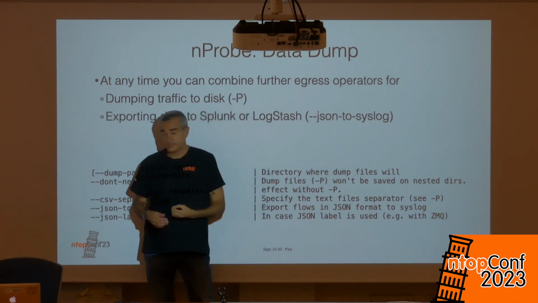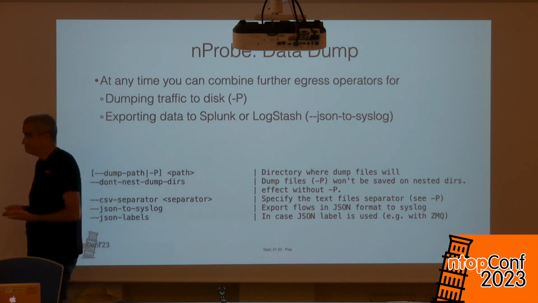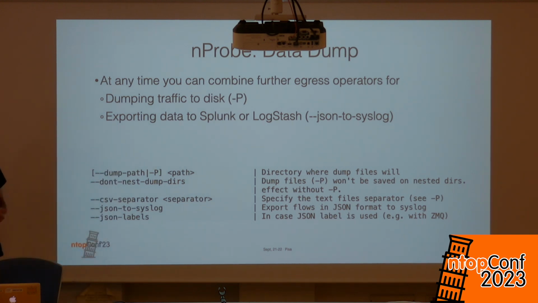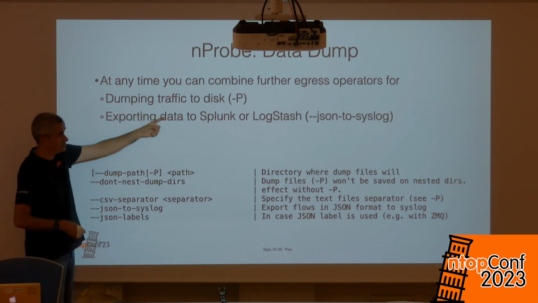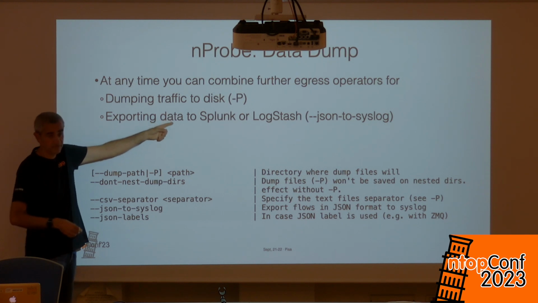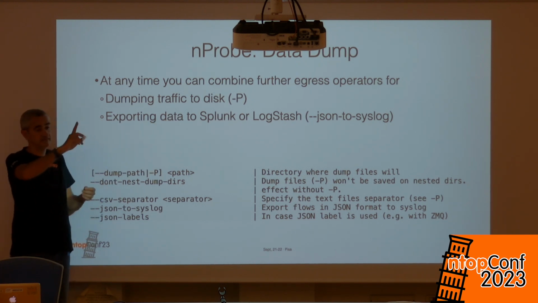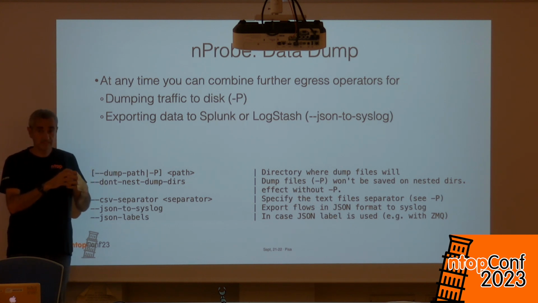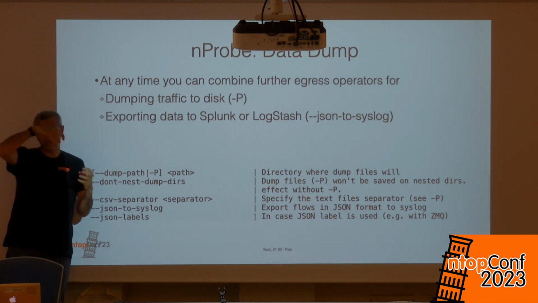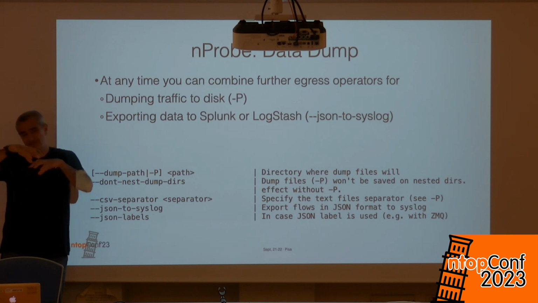Why is syslog important? Because there are many sources of data that are able to listen to syslog. For instance, if you are familiar with Elastic, there is a tool called Logstash. It looks at the log file, and it is also able to look at syslog in JSON format. Some people want to ingest data into Elastic using Logstash, because Logstash allows you to add extra fields or filter flows.